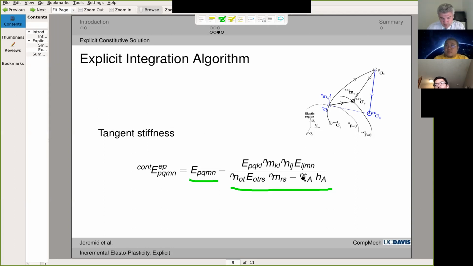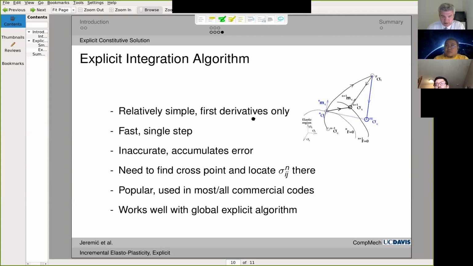And then this is the first derivative of yield function with respect to internal variables. And H, again, is a function defined by the model. So that simplifies life a lot, first derivatives only. Again, in lecture notes, that section 104.3 and sections after that have full derivatives for a number of different material models.